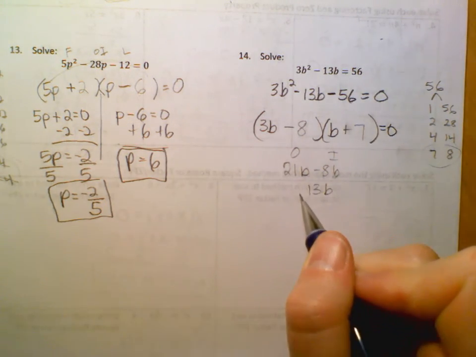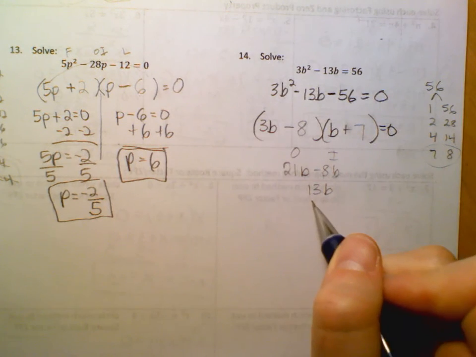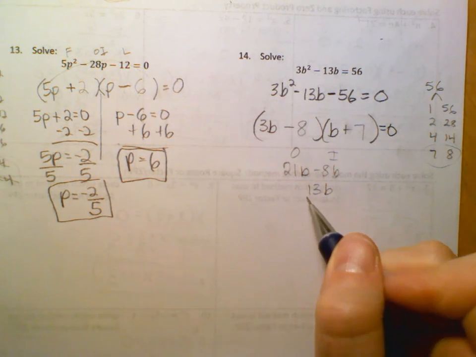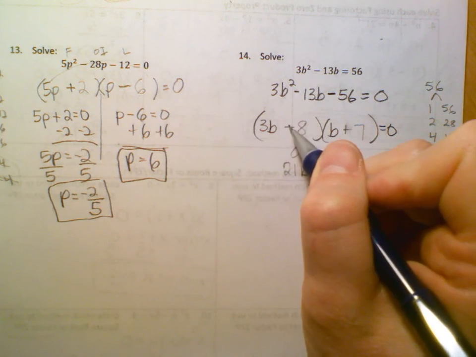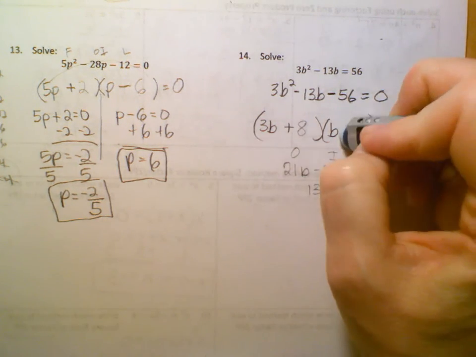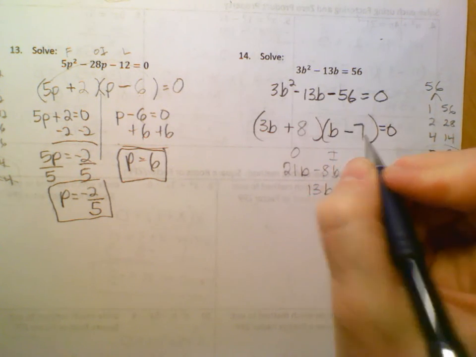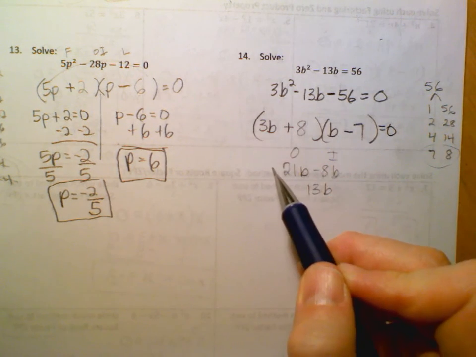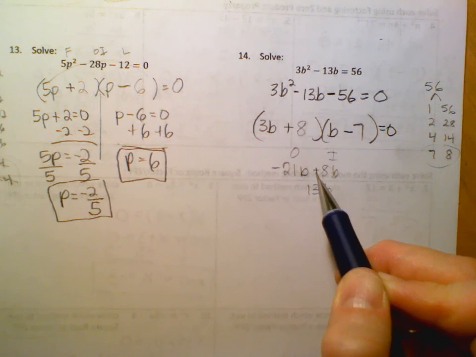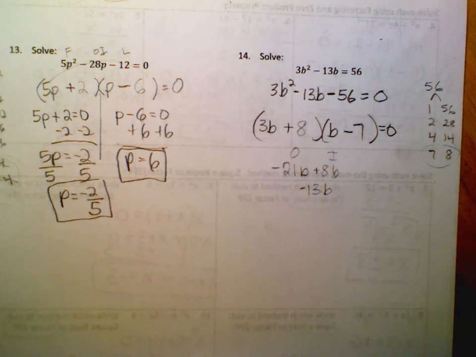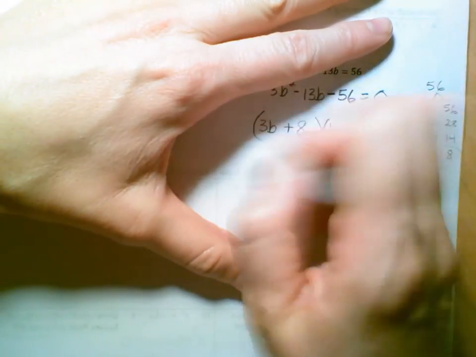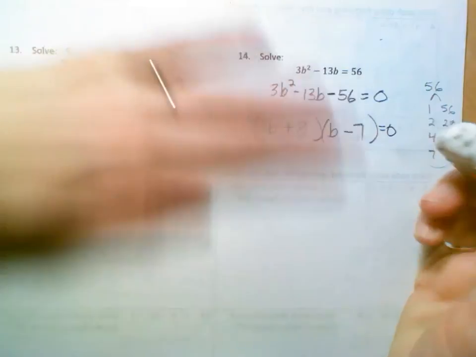So remember our trick. We got the right number with the wrong sign. So all we have to do is jump up here and swap the signs, just like we did it slower on number 13. Swapping the signs gives me a negative 21 plus 8. That gives me a negative 13. Okay, so then I'm going to just go ahead and erase this. Again, I usually just do that in my head so I don't have writing there.